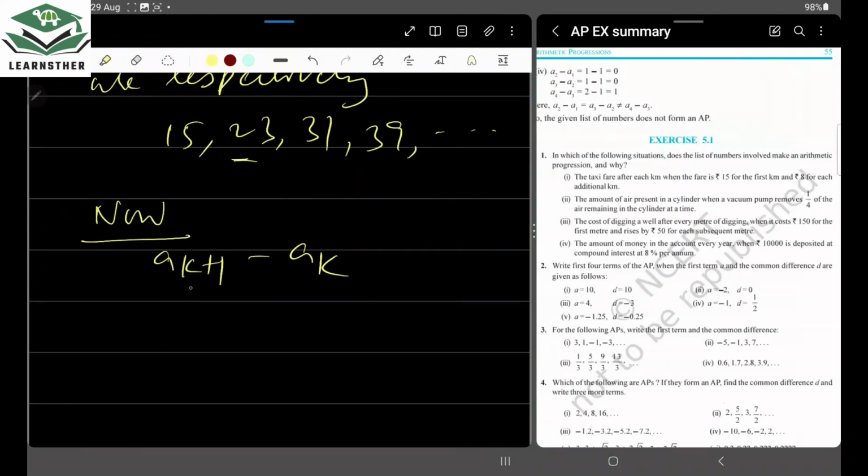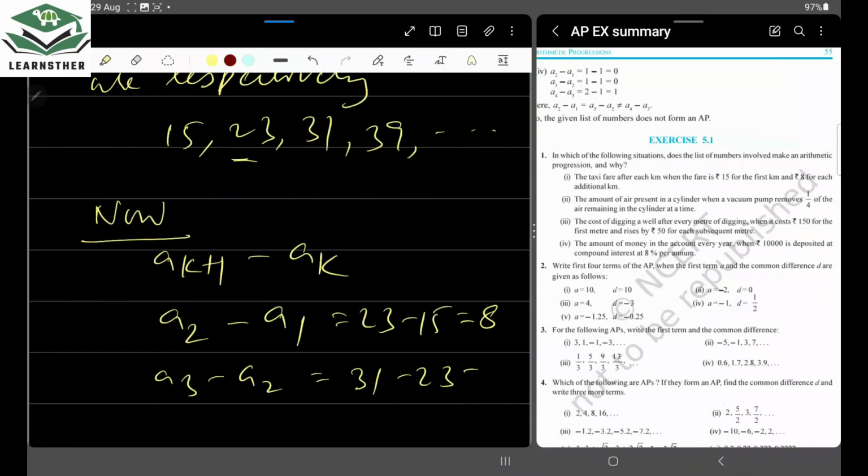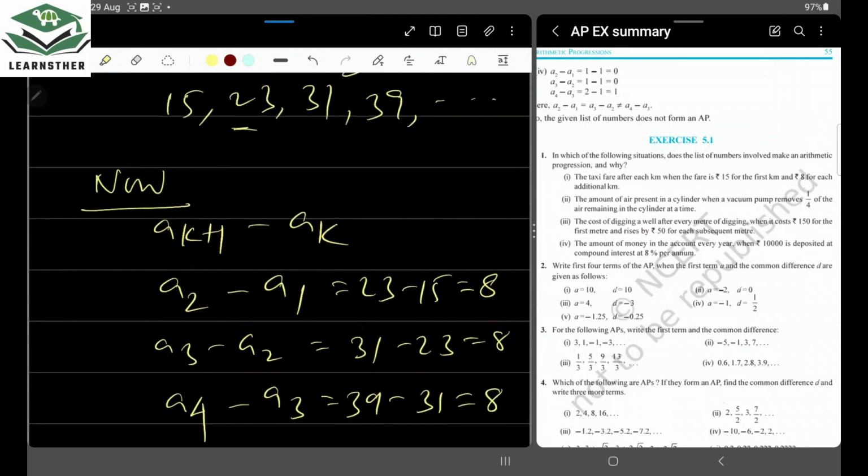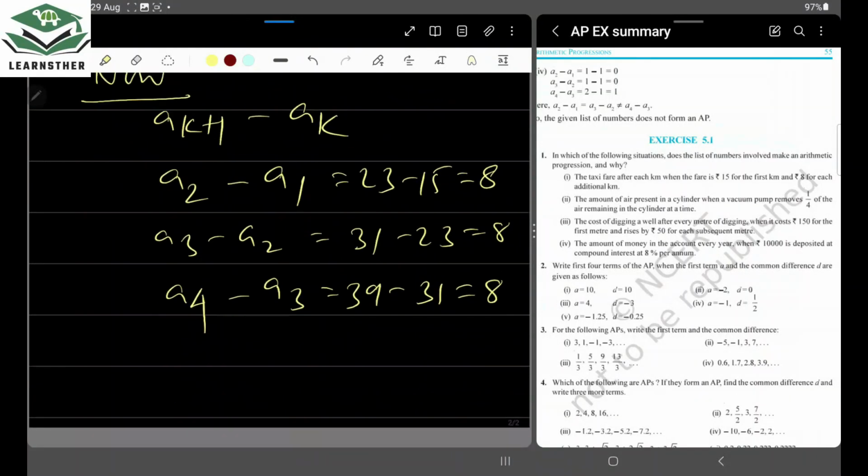Now we take second term minus a1, 23 minus 15, it is 8. a3 minus a2, 31 minus 23, 8. a4 minus a3, 39 minus 31, 8. Okay. So this is your a1, a2, a3, a4 and so on. First term, second term, like that.